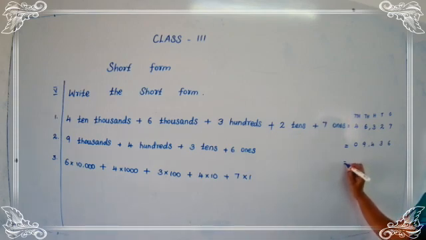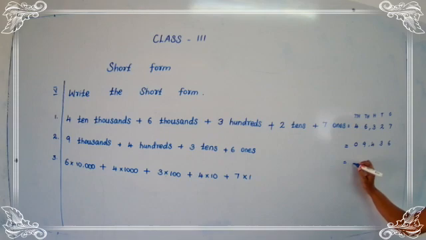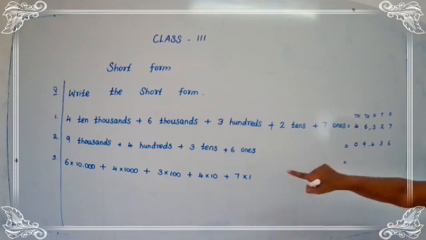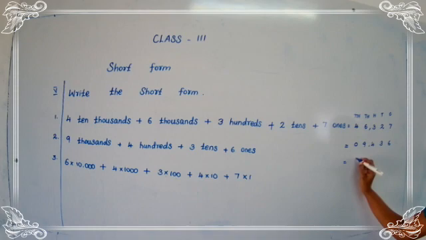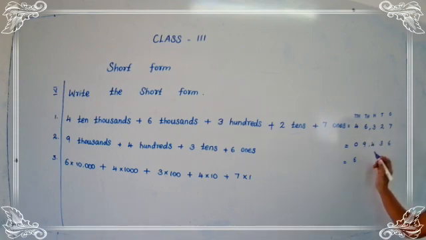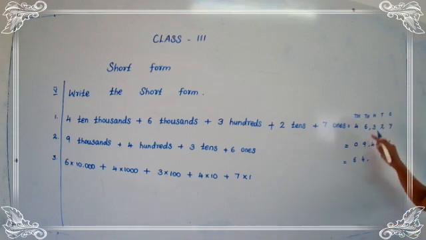How many 10,000? 6 multiplied by 10,000, because 6 is in 10,000 place. Then the second one, 4 multiplied by 1,000. So 1,000 place. Which number is in 1,000 place? 4.